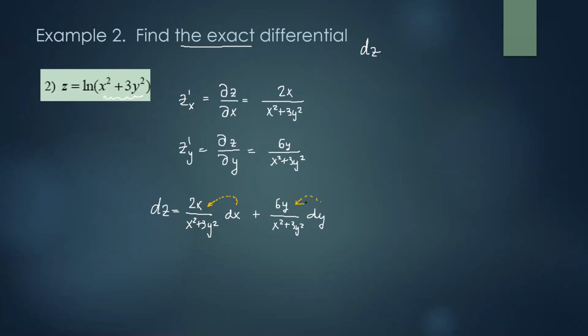Some people sometimes wonder if it's allowed. Yes, you may, for example, take 2 divided by x squared plus 3y squared out of parentheses and leave what is remaining. x dx plus 3y dy remains inside the parentheses. Yes, this is allowed. This is possible. You may write it like this.